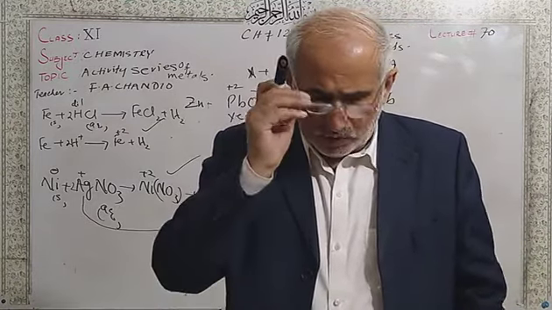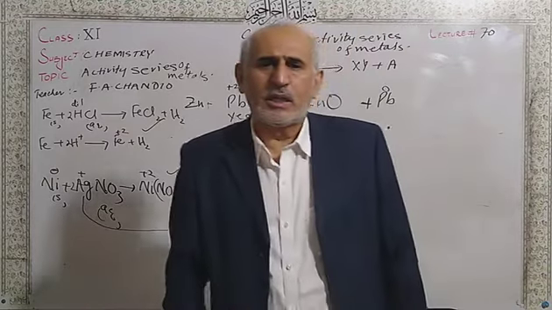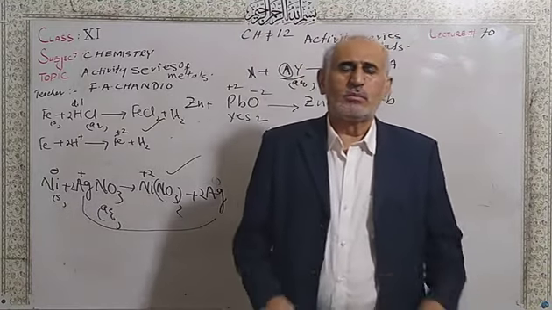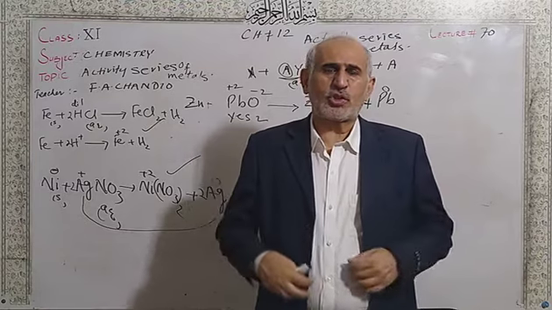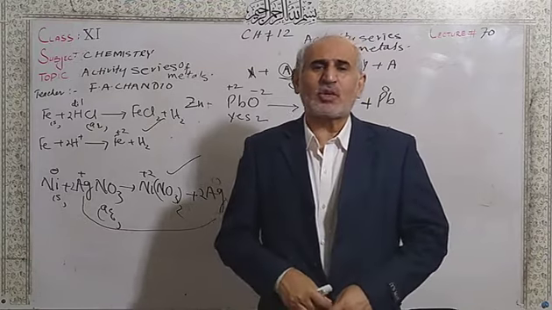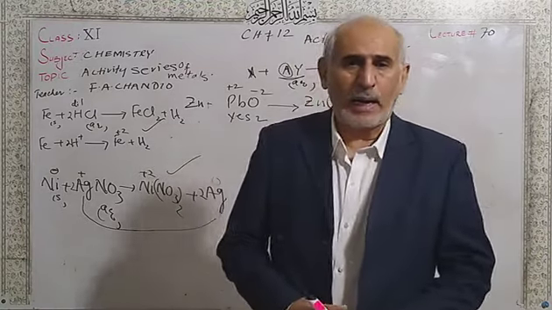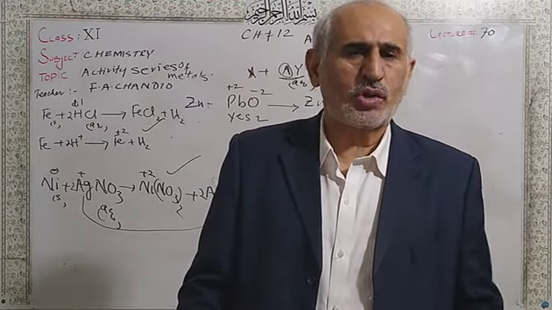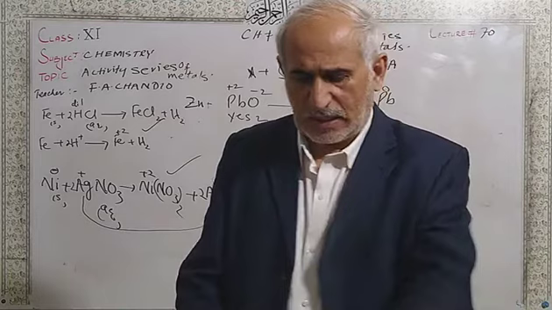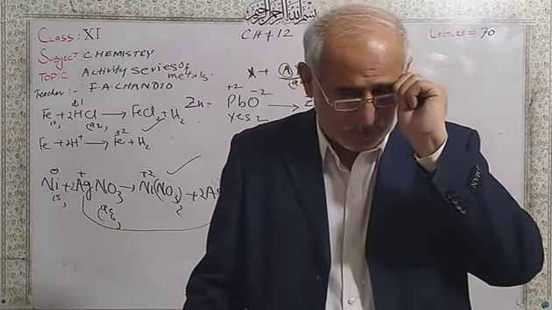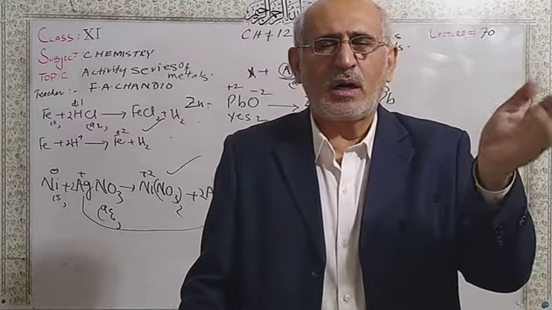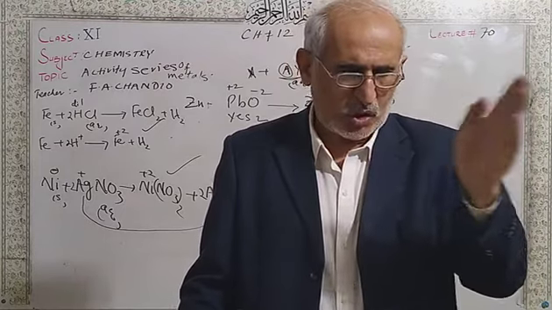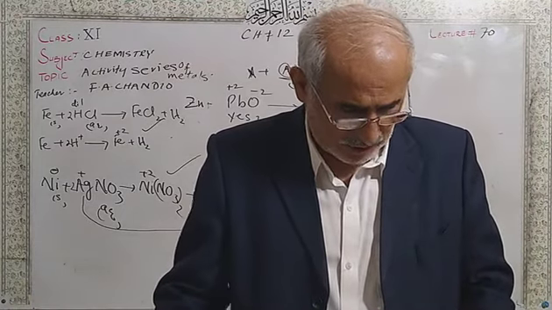Salt bridge, I told you, has the ability to connect the solutions together without mixing the two solutions, and it maintains the neutrality of the two solutions. It only passes ions, which migrate in the presence of the ionic solution present in the salt bridge.